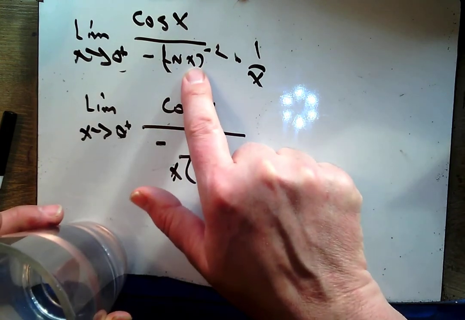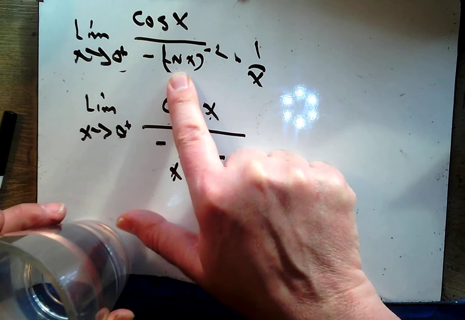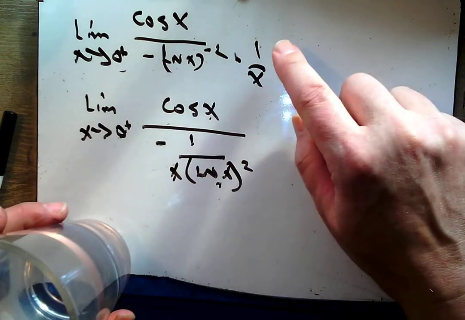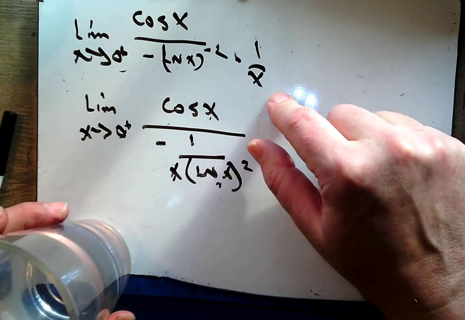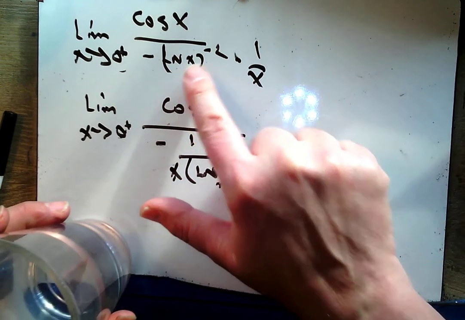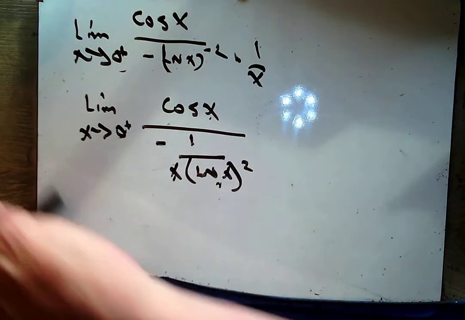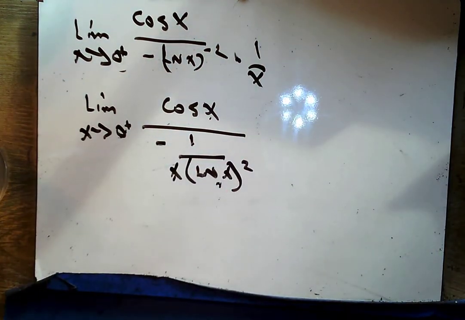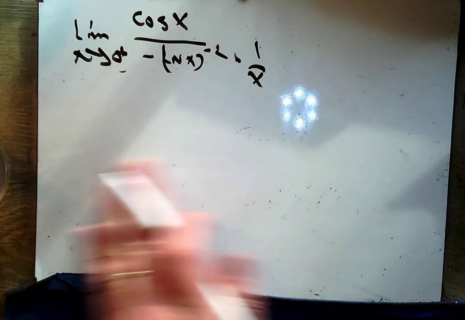If I plug in my 0, that's infinity. Oh, 1 over 0 is infinity. Infinity times infinity. 1 over infinity. Yeah, see, this is that case of taking it too far.